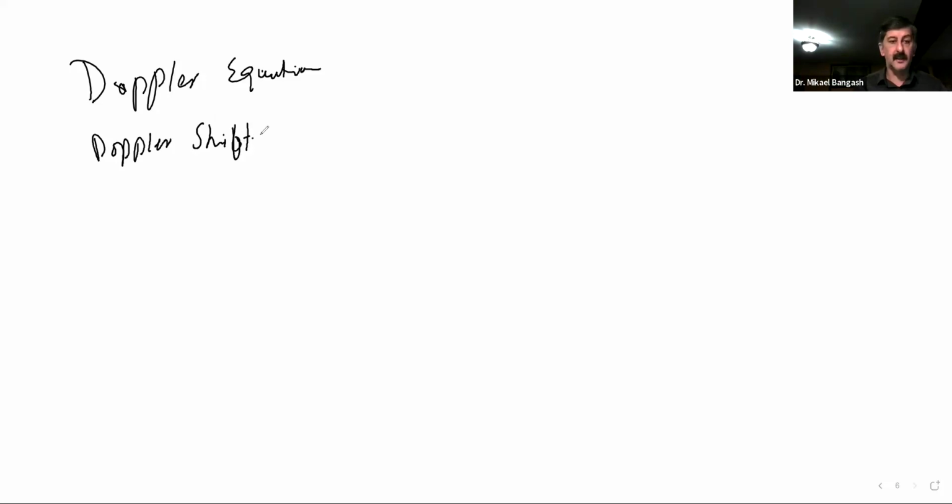So this is mainly the way the system is going to calculate or determine your Doppler shift, which, as we said earlier, was your Doppler frequency.